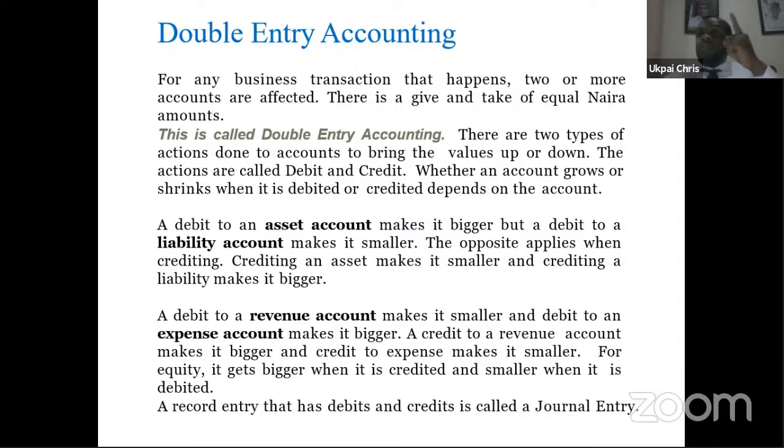There's only one reason that will make you debit your sales book: if somebody returns your goods, because you're going to give the person back the money. So you debit it to show that these goods are still with you and not sold again. Am I communicating? If not, every sale is a credit entry.